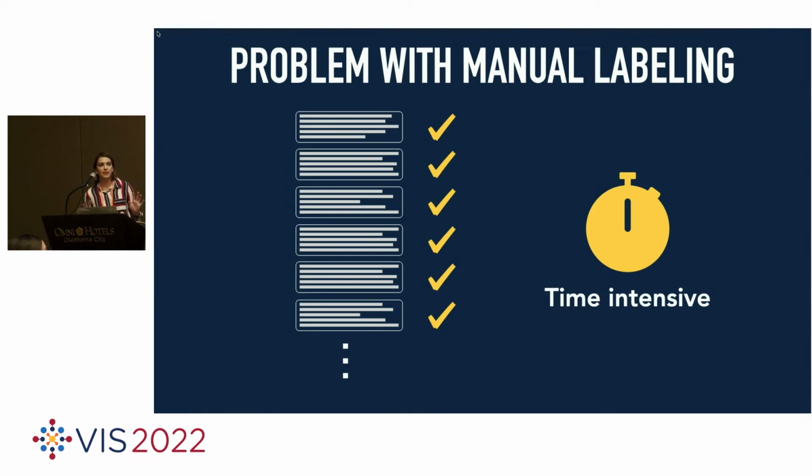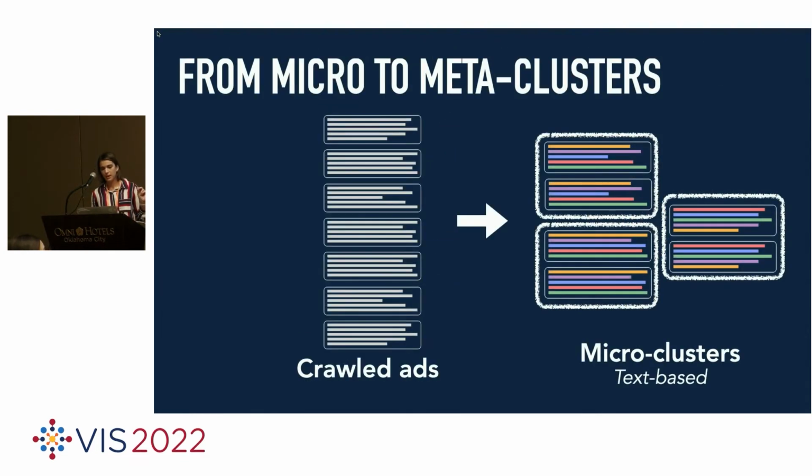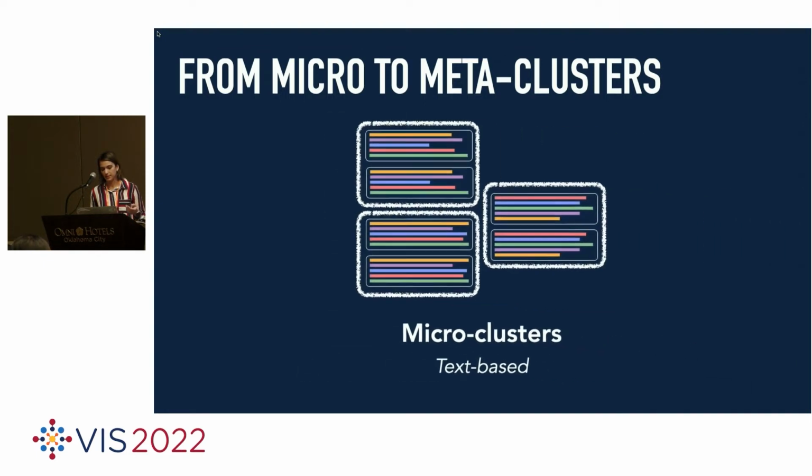But before we get to any visualization, I want to talk about one thing we do pre-viz, which is the creation of metaclusters. This is what I showed you earlier. We crawl ads from the web and make these text-based microclusters, each highlighted in the white boxes. But we notice that sometimes traffickers will change their template over time, but you can tell it's the same person because they use the same contact information.